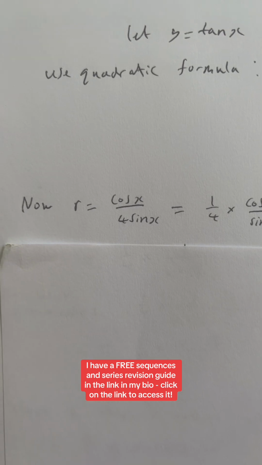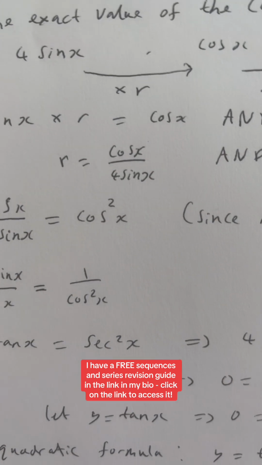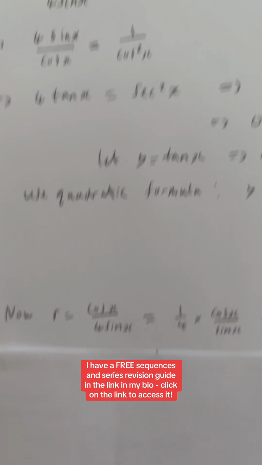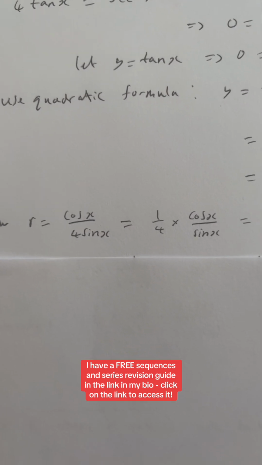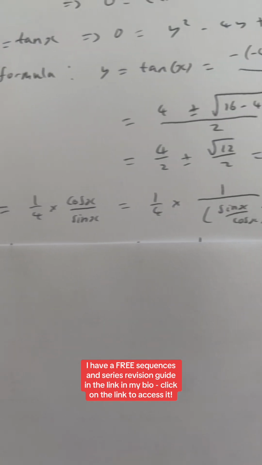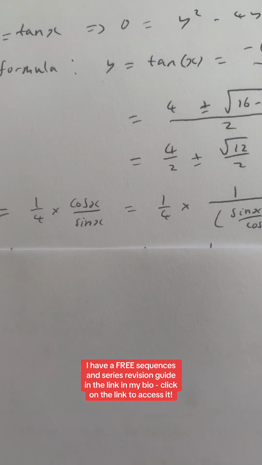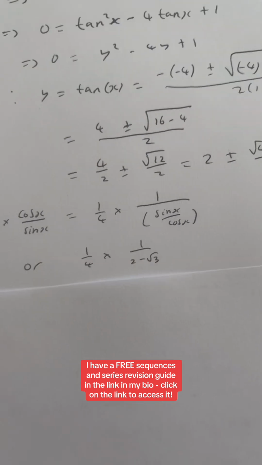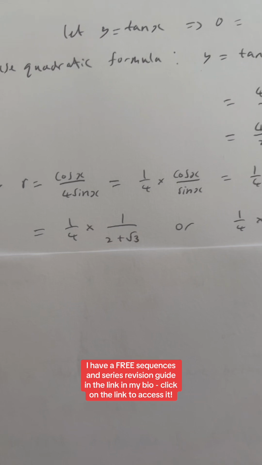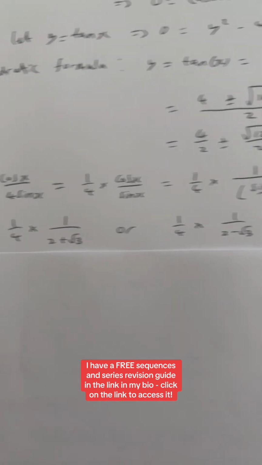So you could do tan inverse and get the x values. What I've actually done here is something a little bit different. Notice how the r value, the ratio, is cos x over 4 sin x. And notice how that's a quarter times cos x over sin x, which is a quarter times 1 over tan x, because cos x over sin x is 1 over tan x. So we've got a quarter times 1 over our two tan values.